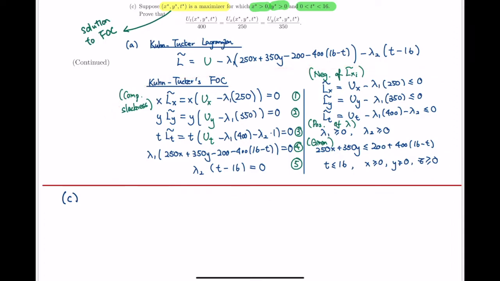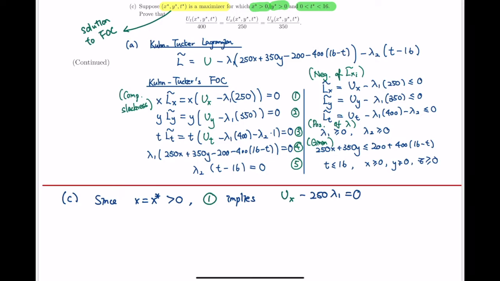In particular, if you look at the first one, because I know that x star is strictly positive, so in particular, it's not 0. So for the product to be 0, you need the second half to be 0. So since x star is strictly positive, the first equation 1 implies Ux minus 250 lambda 1 equals 0.